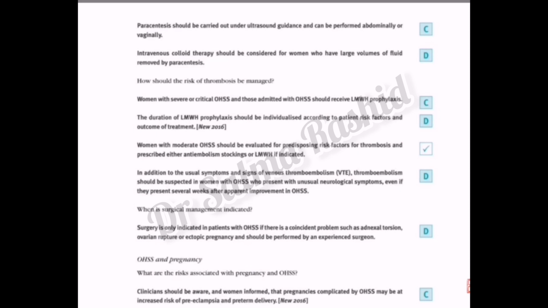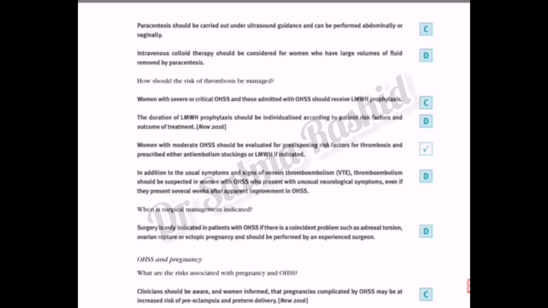When is surgical management indicated? Surgery is only indicated in patients with ovarian hyperstimulation syndrome if there is a coincident problem such as adnexal torsion, ovarian rupture, or ectopic pregnancy and should be performed by an experienced surgeon.